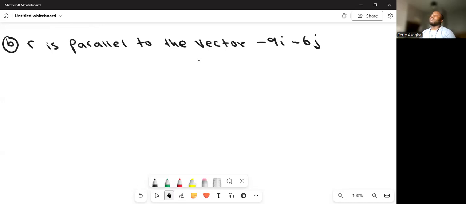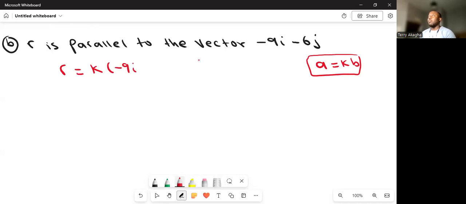So now if R is parallel to minus 9i minus 6j, we also know the same principle. When two vectors are parallel, a is going to be equal to kb. So if R is parallel to this, that means R must be equal to k(minus 9i minus 6j). But we know R already.